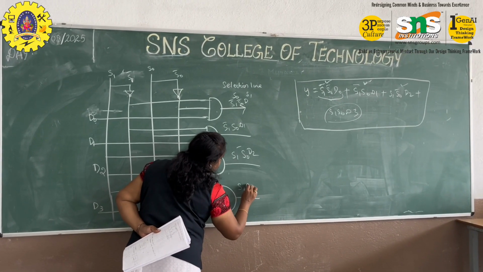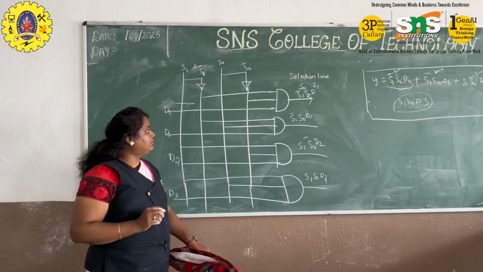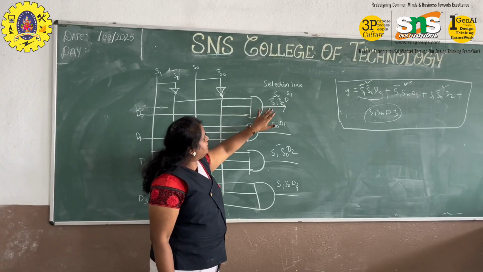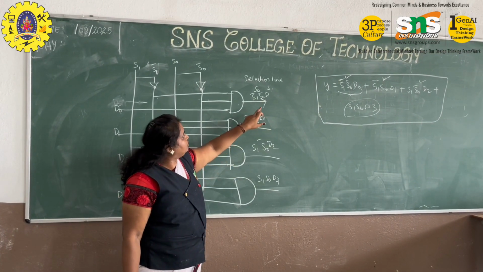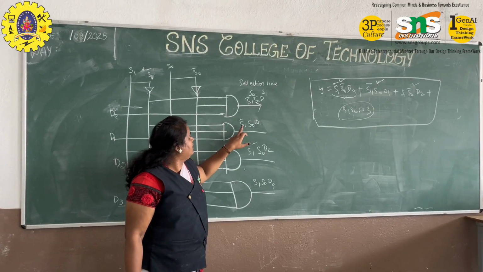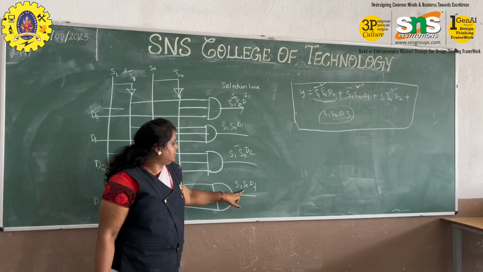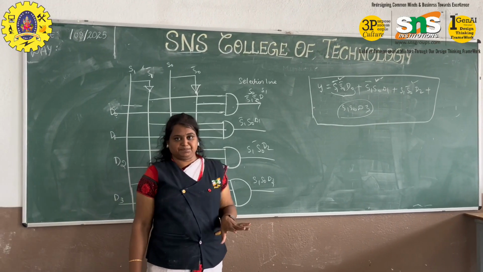So this is the 4x1 multiplexer with the logical diagram. These are the equations we derived: S1 bar S0 bar D0, S1 bar S0 D1, S1 S0 bar D2, S1 S0 D3. These are the four terms we derived from the multiplexer.